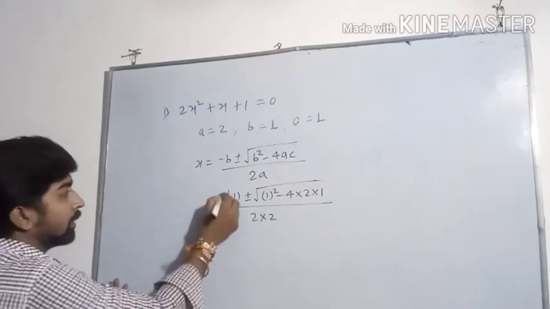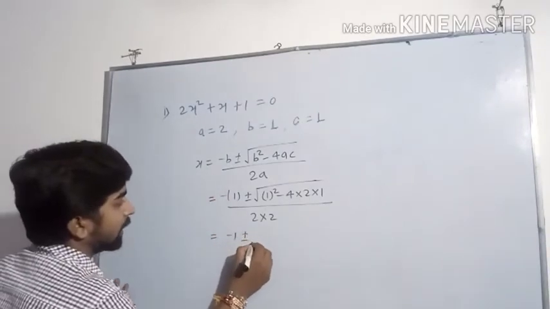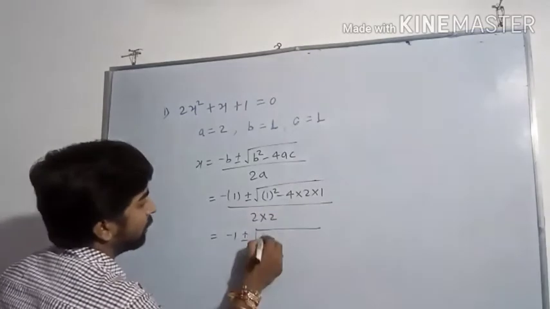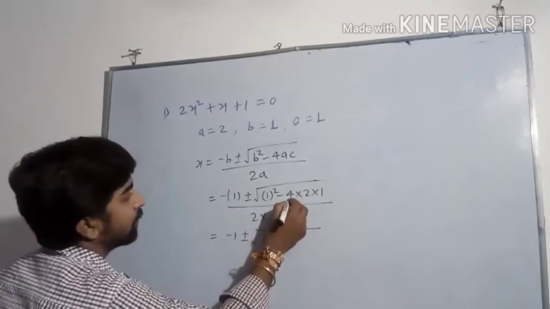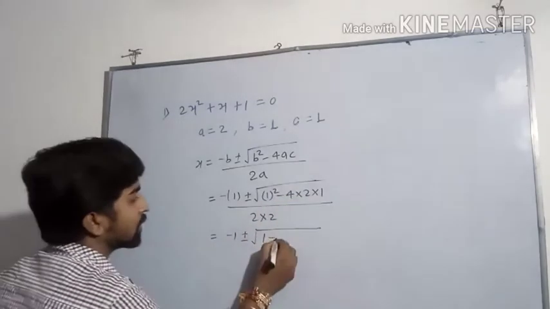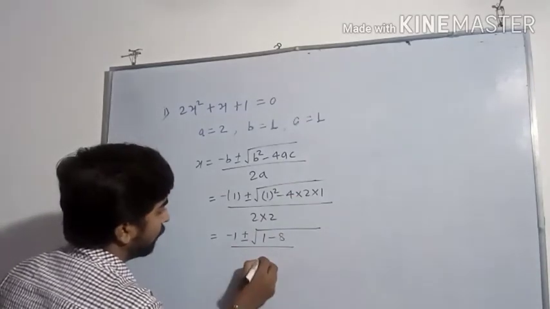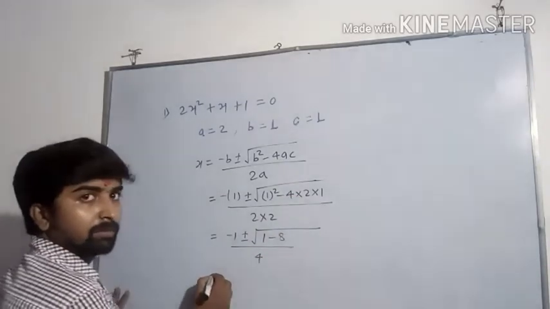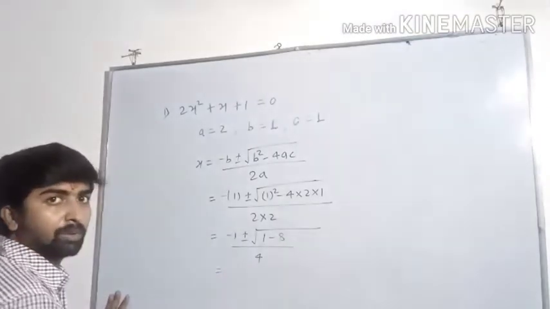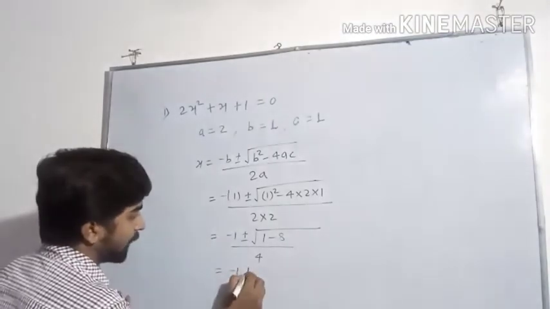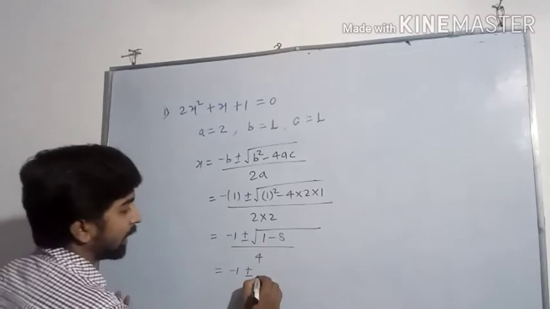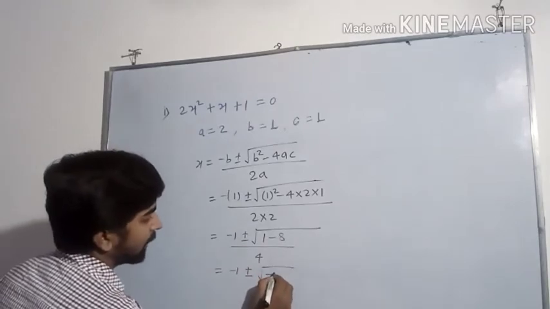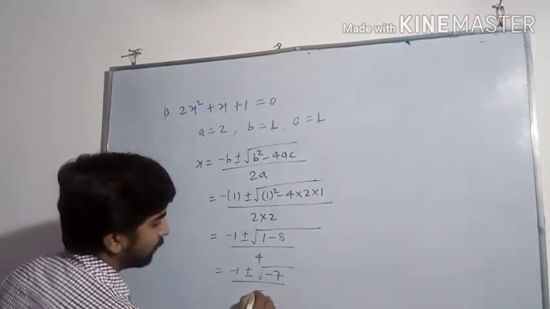Now minus 1 plus minus under root, the square of 1 is 1, minus 4 into 2 into 1 equals 8, upon 4. This equals minus 1 plus minus under root 1 minus 8, that is under root minus 7, upon 4.